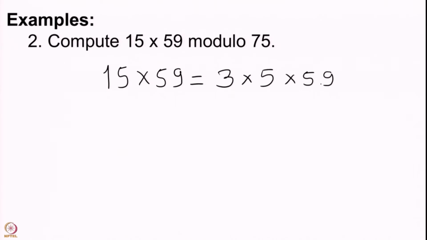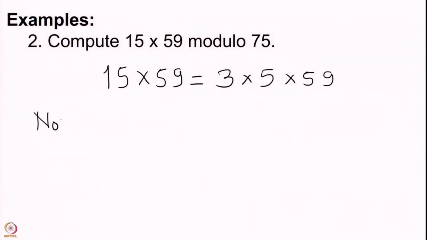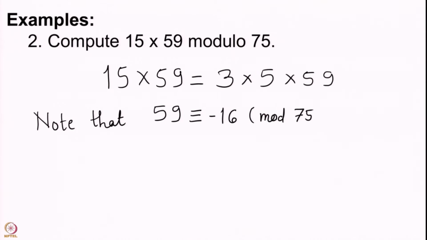So, the product 15 into 59 is same as 3 into 5 into 59, and further we note that 59 is congruent to a smaller number modulo 75.